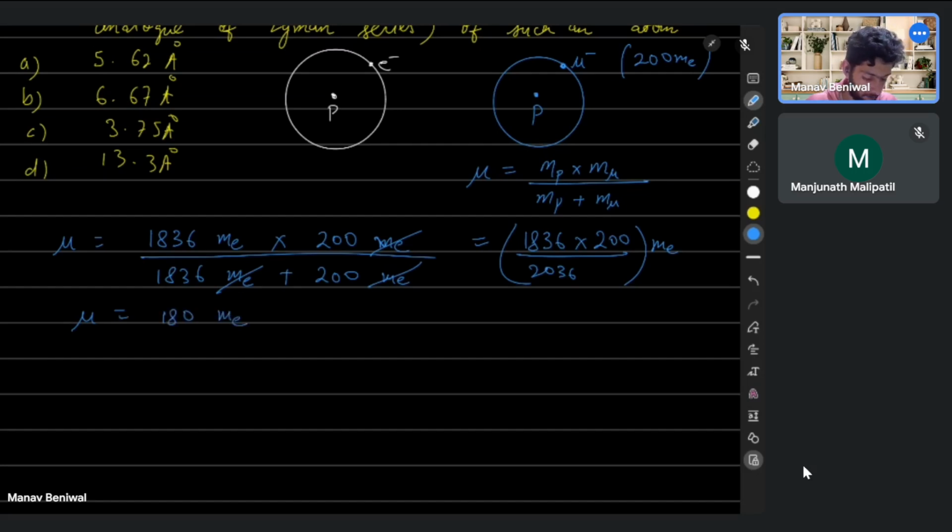So this is now our reduced mass for the atom which has a muon instead of an electron.